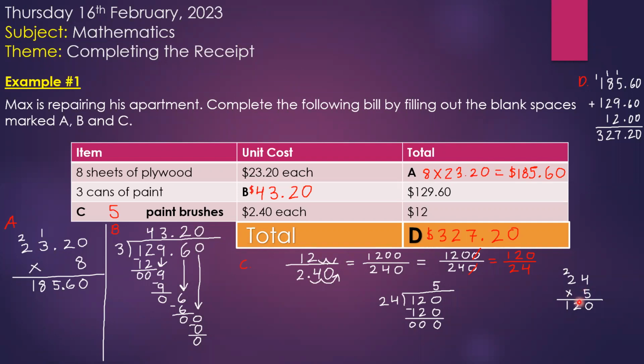First try 1 and see if 24 times 1 gives you 120. Then you try 2: 24 times 2 is 48. Then 3, 4, and finally 5. There's no magic way of knowing, so you have to try different numbers to be able to get it. Okay, thank you.